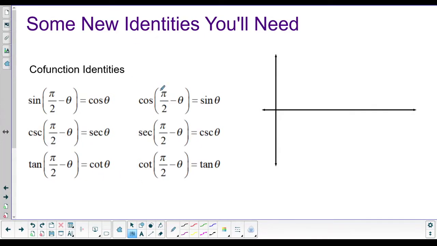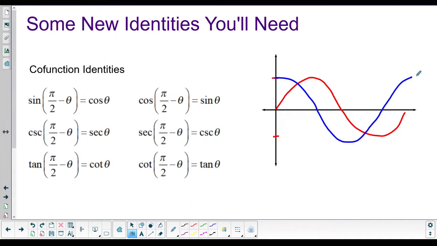So let me just show you something real quick. Here's 1, here's -1, let's graph sine. It goes up to a max, comes back down. That's super ugly, but it'll give you the idea. Then let's graph cosine.